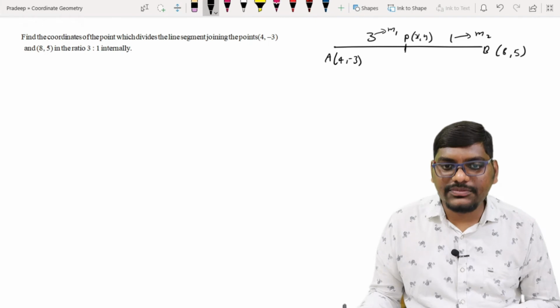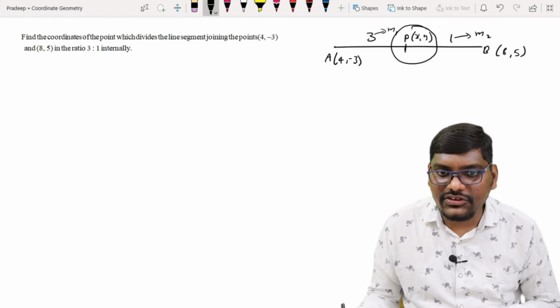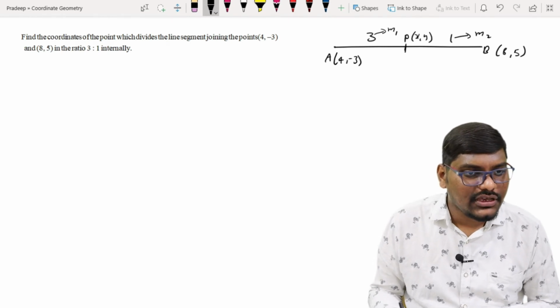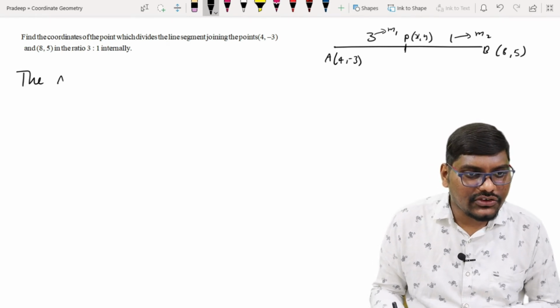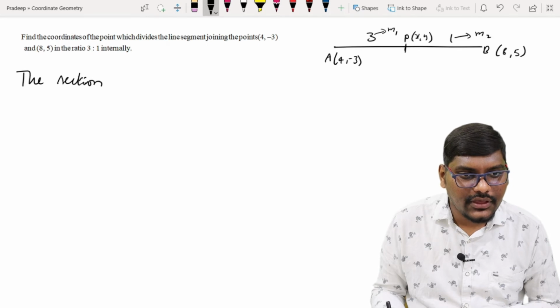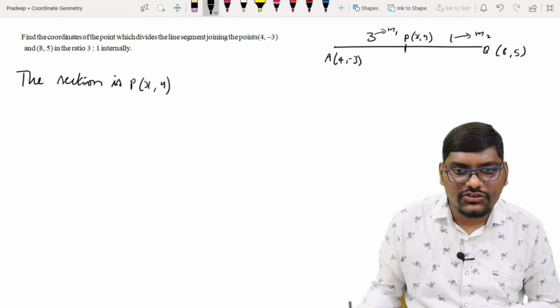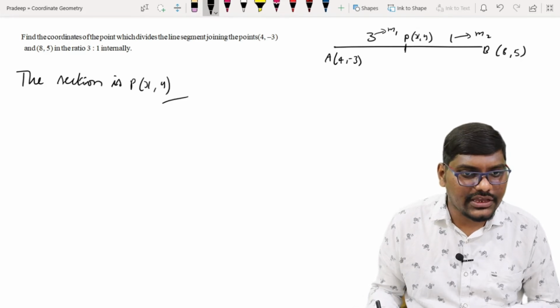To find this particular point which divides the line into 2 parts, we have the formula, the section formula. As this is point P, we are saying this is P(x, y).